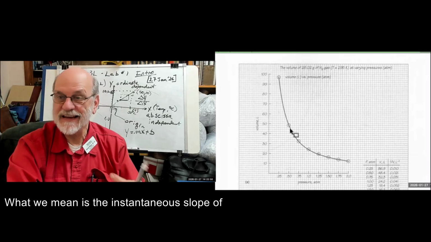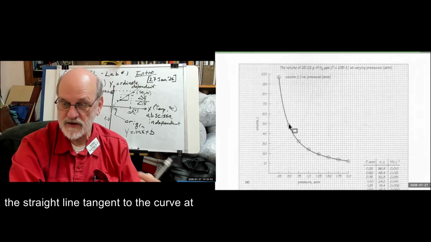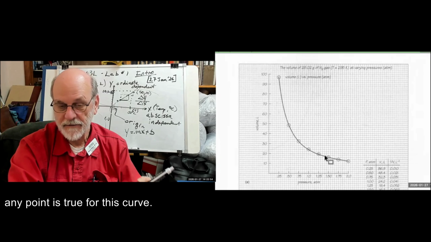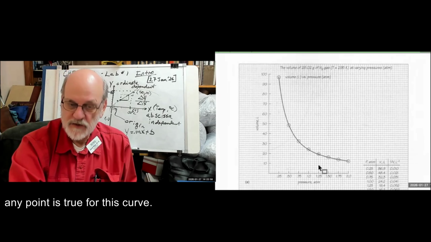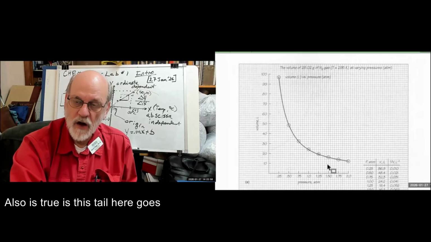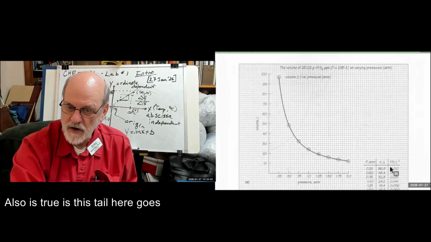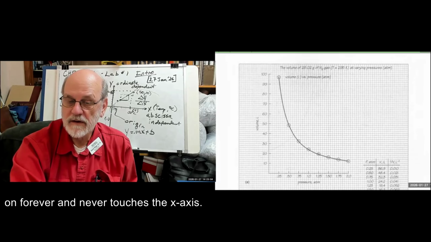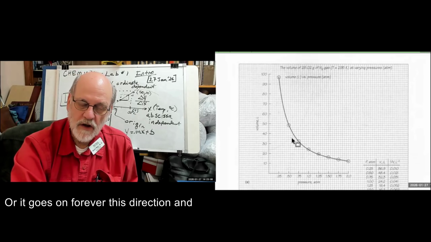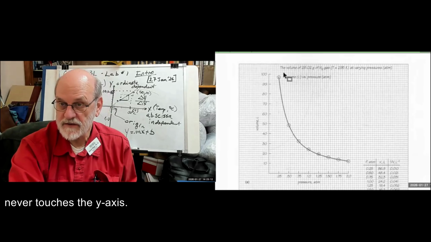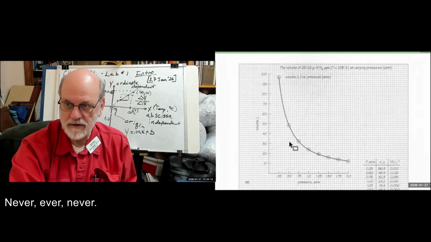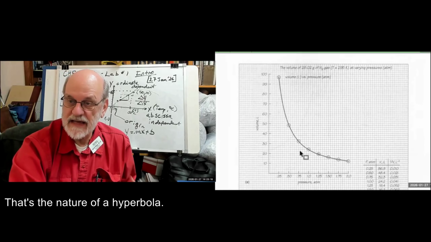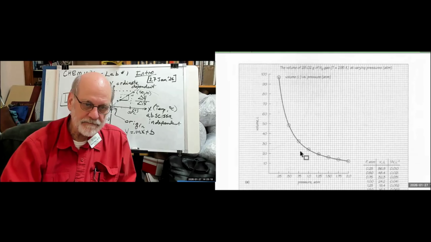What we mean is the instantaneous slope of the straight line tangent to the curve at any point is true for this curve. Also true is that this tail here goes on forever and never touches the x-axis. Or it goes on forever this direction and never touches the y-axis. Ever. Never, ever, never. That's the nature of a hyperbola.